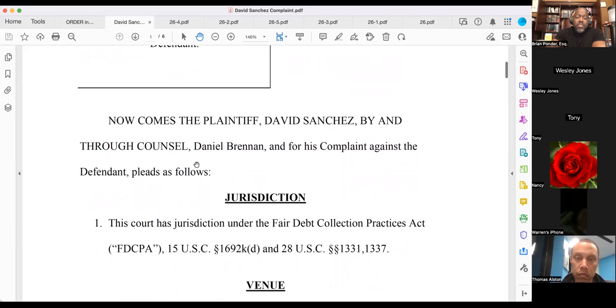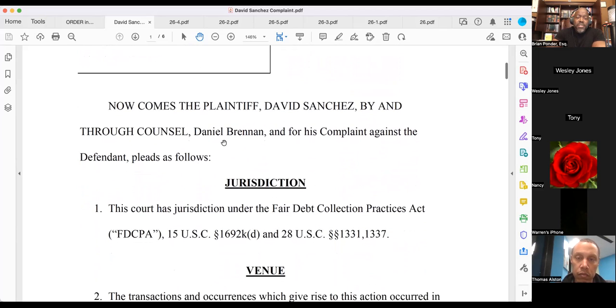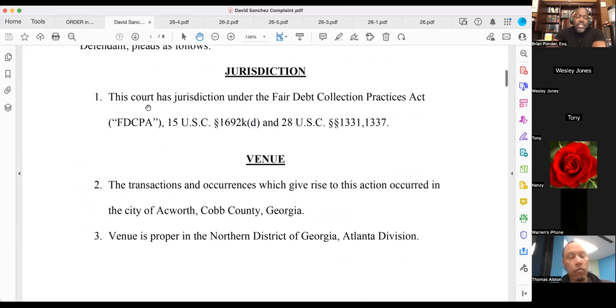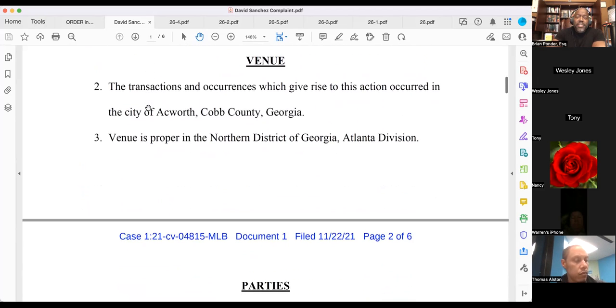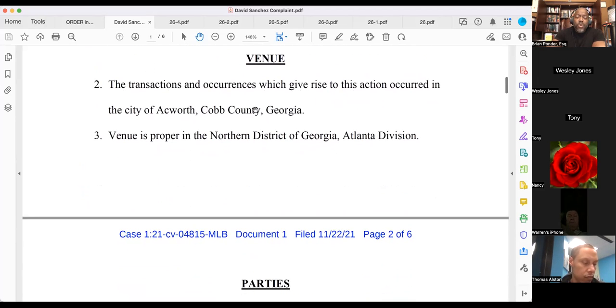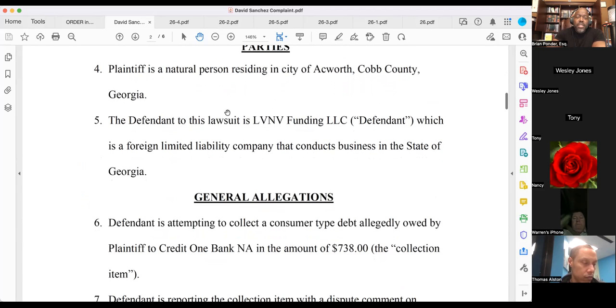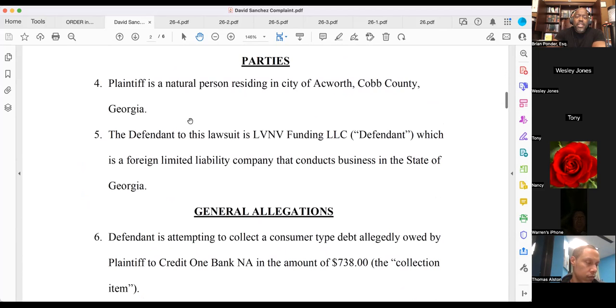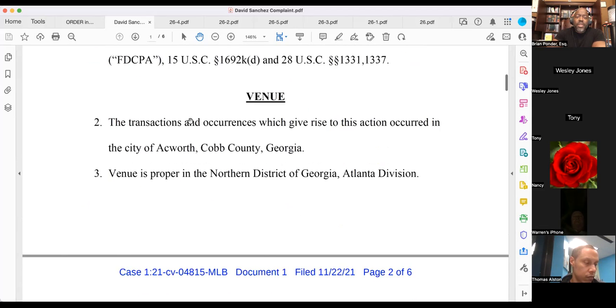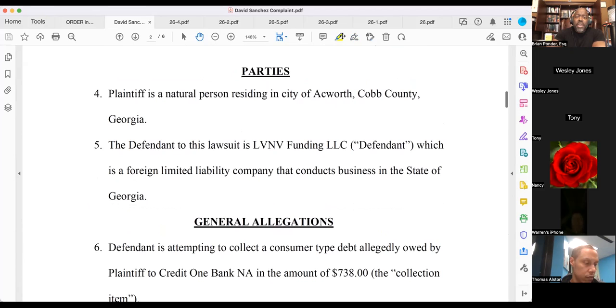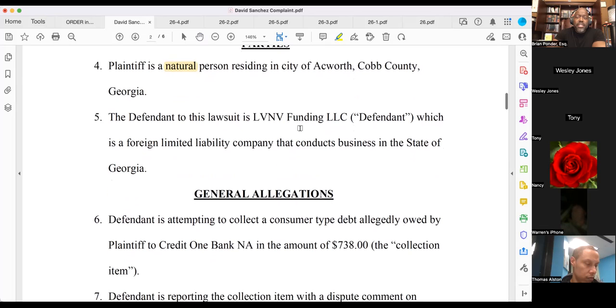All right, so this complaint alleges that it's an FDCPA case. This happened in Georgia. The plaintiff is a natural person residing in Cobb County, Georgia.